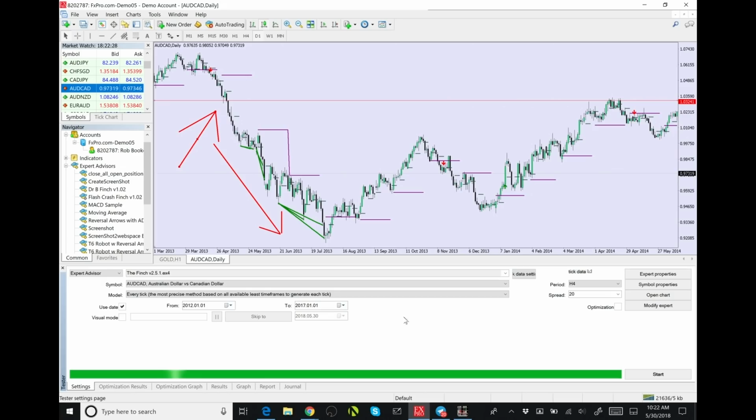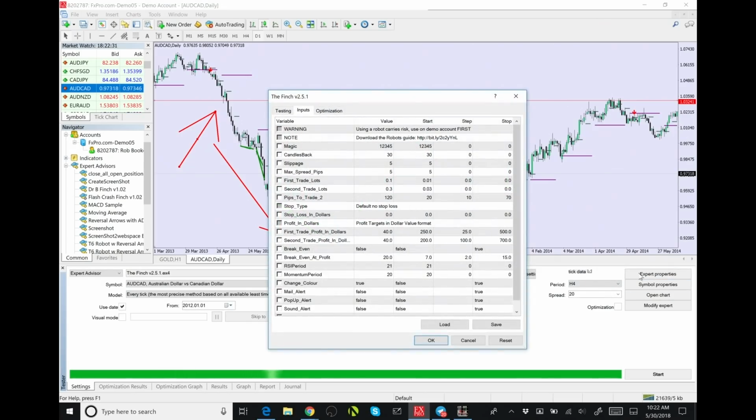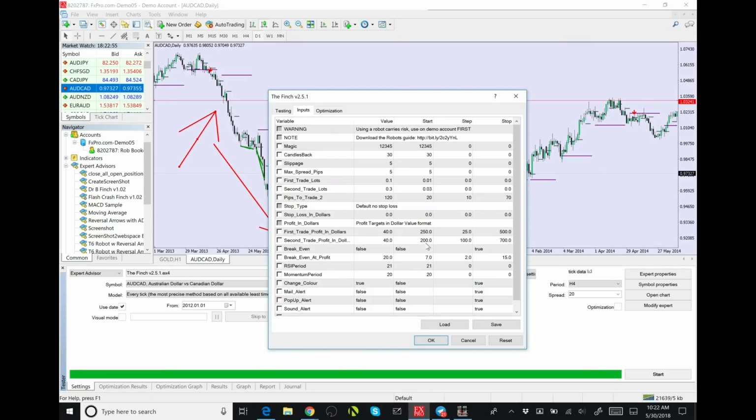I guess one thing that occurs to me that I could do is wait longer to take the second trade, and then have just a gigantic profit target. So let's pull up the settings here and do this.